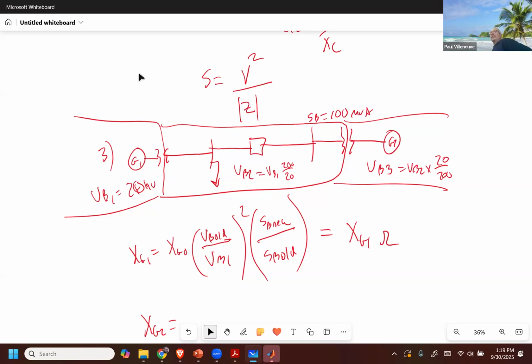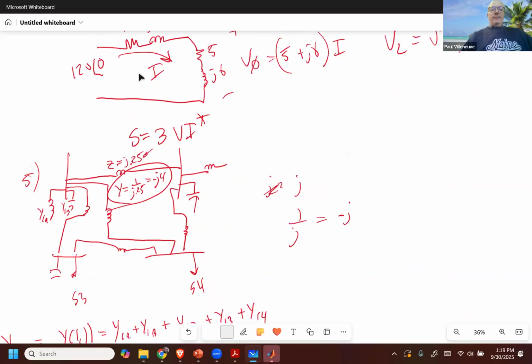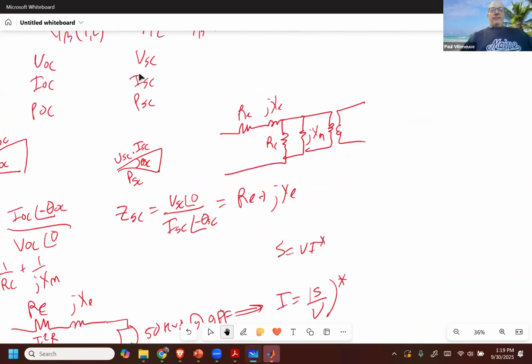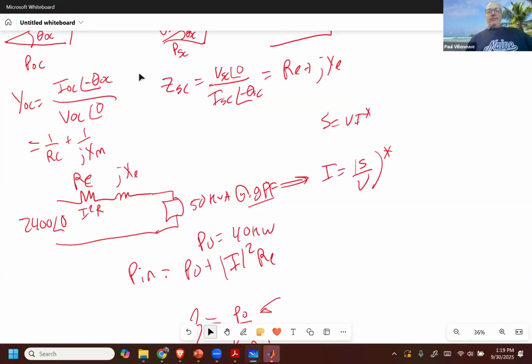Anything else? Yes, sir. I went back to 6E, and there was something on the right side that looked a little strange. So the magnitude of power over voltage is conjugate sometimes. Yeah, because S equals V I conjugate, so solve that equation for I. I just got confused because of the bar there.